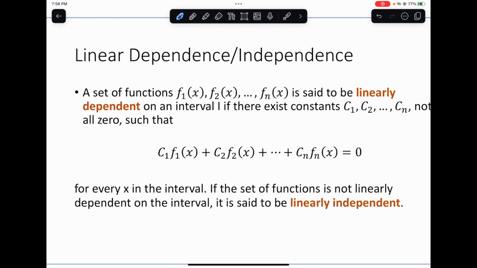All the solutions of a single differential equation are linearly independent with each other. If the solutions are linearly dependent, then those are not solutions of a differential equation, because one of the characteristics of the solutions is their linear independence with each other. So how do we define linear dependence and independence?